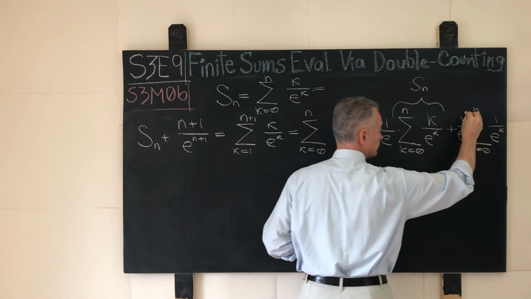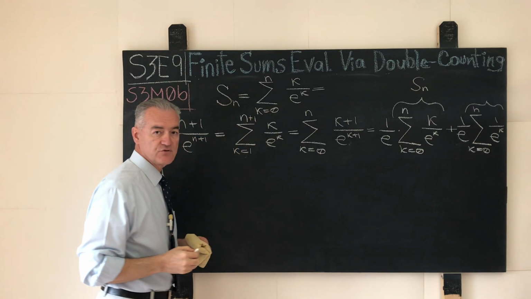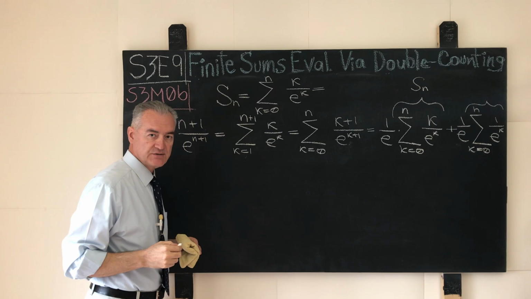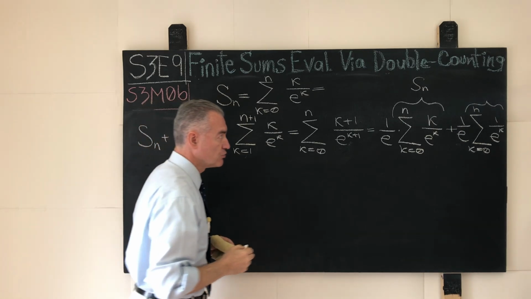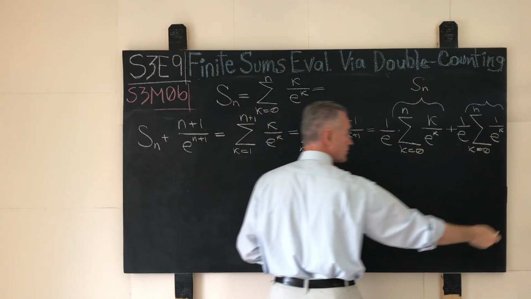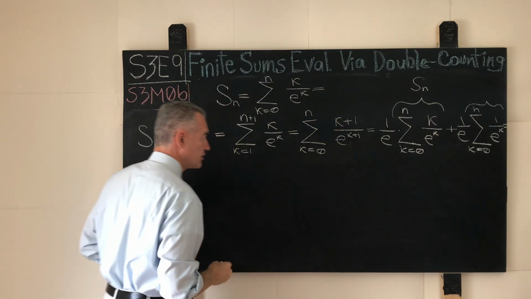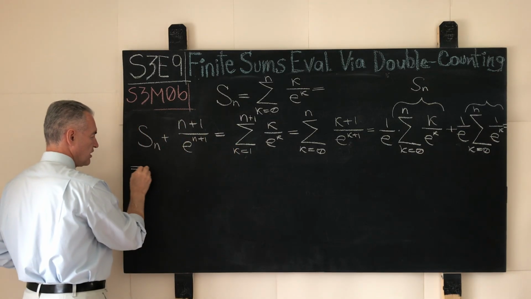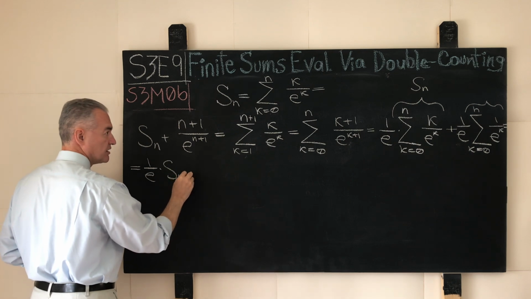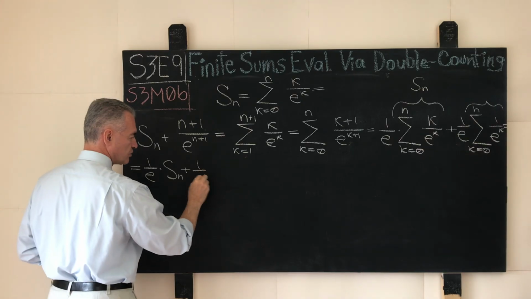And what is this? Well, this is our finite geometric series. We just evaluated its alternative expression using precisely the idea of double counting that we parallel translated from combinatorial analysis. And we keep writing. What do we have? 1 over e times S_n plus 1 over e.